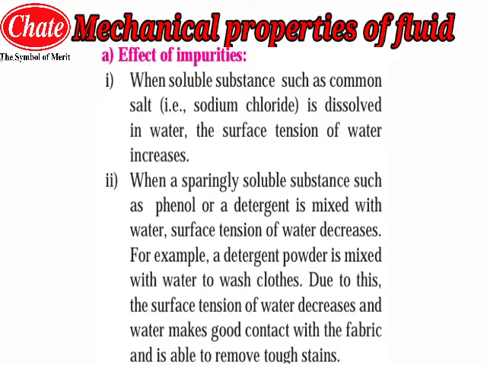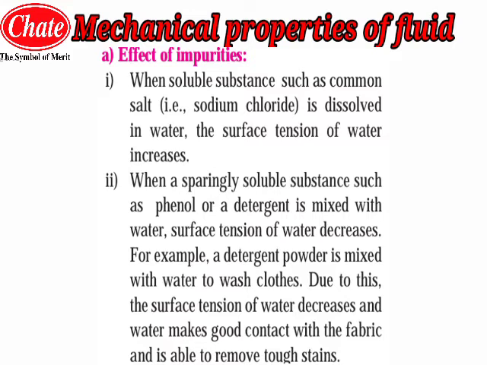Means students, when common salt, which we use in domestic uses, is dissolved in water, then the surface tension of that water surface will increase. So this is the first effect of impurity.